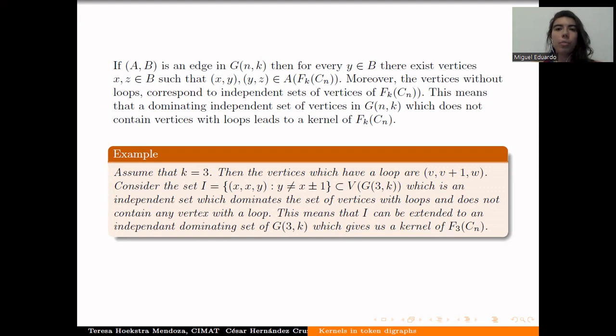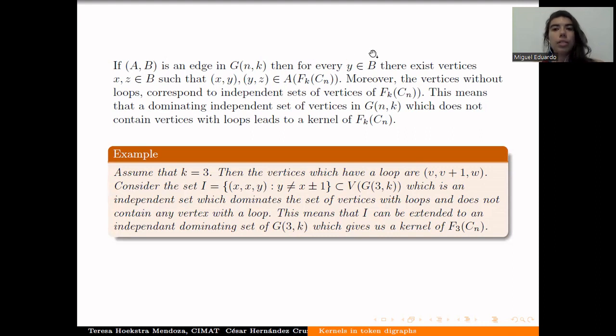Then for every vertex Y in B, there exist vertices X and C in A such that there is an arrow from X to Y and from Y to C. This means that every edge in my graph G_{n,k} corresponds to arrows in both ways in my token digraph. So for any vertex in B, I will always have an arrow from a vertex in A to it, and an arrow from it to some vertex in A. So I have them in both ways.